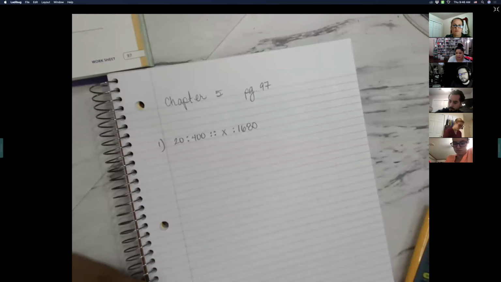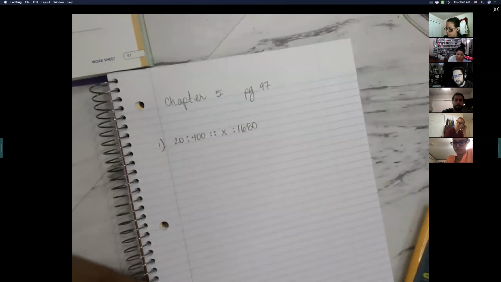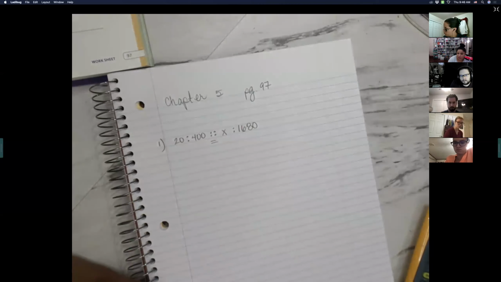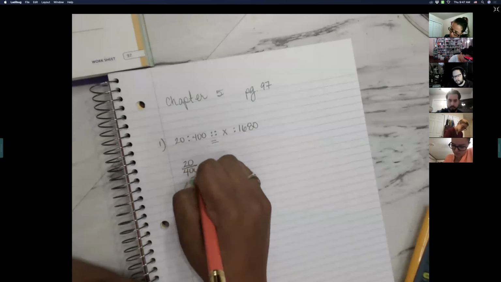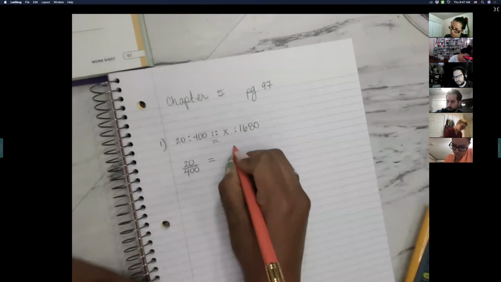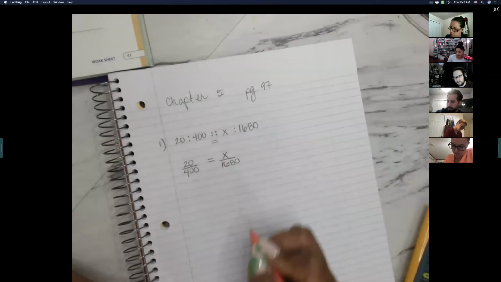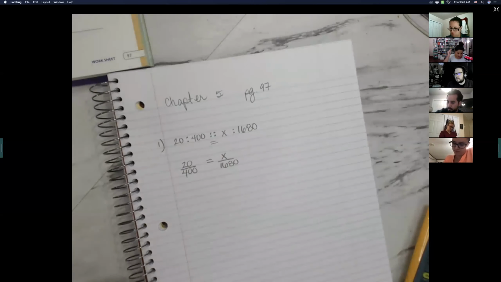We're not gonna let it scare us just because it wants to look messy. We're gonna make 2 fractions, and this is our equal sign, okay? So my fraction on the left-hand side is gonna be 20 over 400, and that's equal to x over 1680, okay?